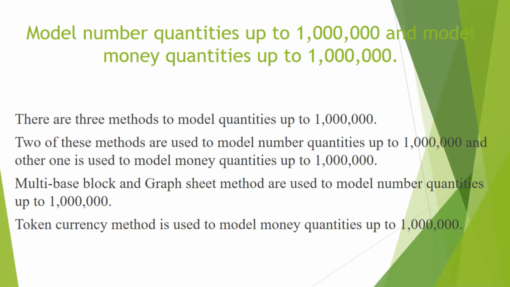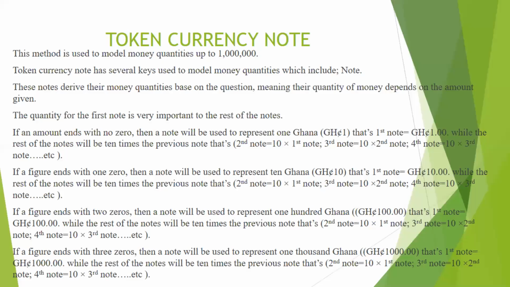Today's lesson is about how to model money quantities up to 1 million by the use of token currency. Token currency, as we said earlier, is one of the methods used to model money quantities up to 1 million.